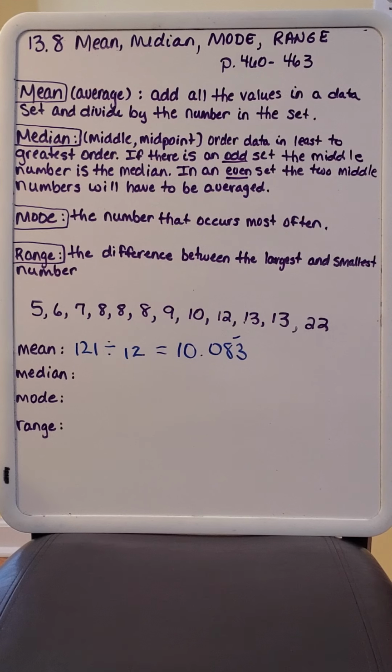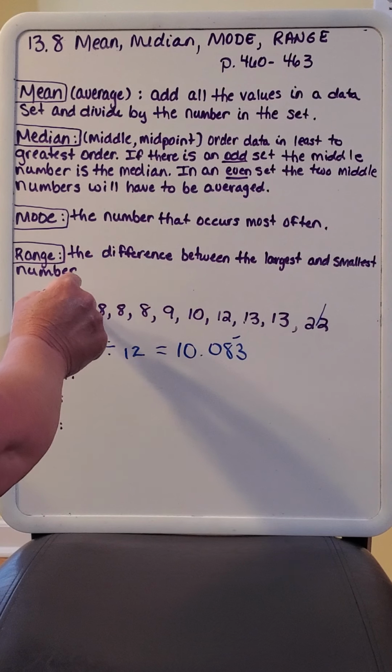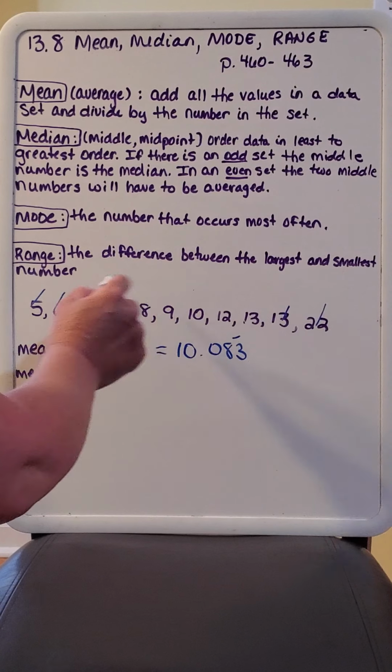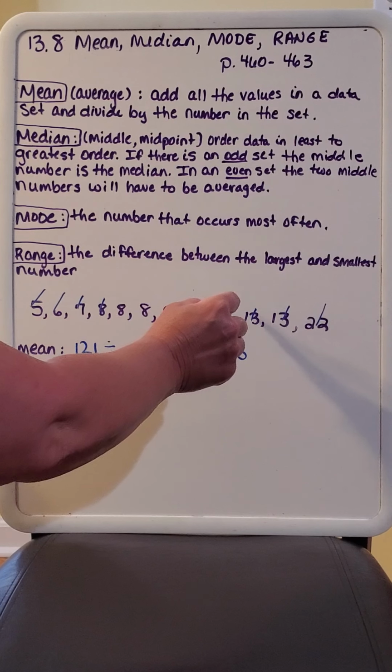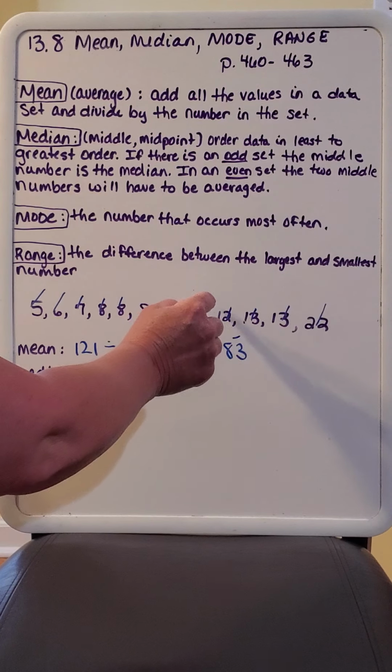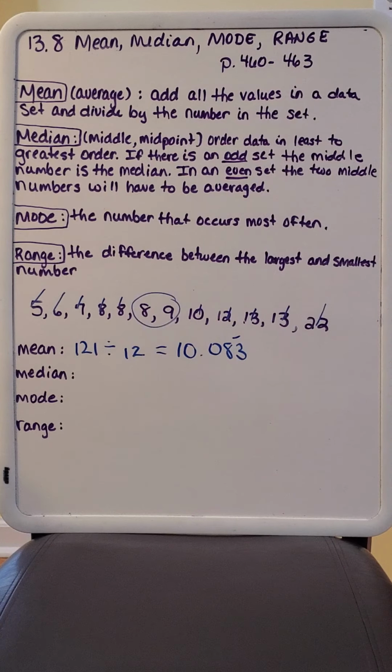Okay, next is the median. This is the number that's in the middle. So since there's 12, that's even, that means there's going to be two numbers that are in the middle. Okay, so we have 5, 6, 7, 8, 8, and you'll see here 8 and 9.